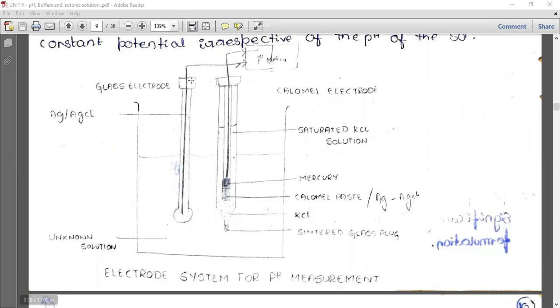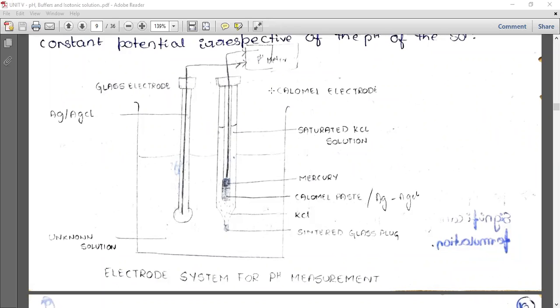So in this particular case, the glass electrode, because the tip of this particular electrode is permeable for H plus ion, whatever unknown solution we have taken, as well as the decinormal 0.1 normal HCl, there will be movement of H plus ions in and around. That is, there will be exchange of only H plus ion between the unknown solution and the HCl present in the bulb here, because of which there is a change in the potential between the two electrodes, which is being noted.